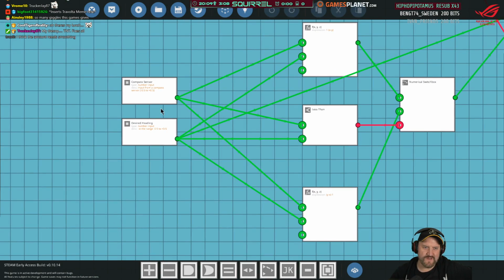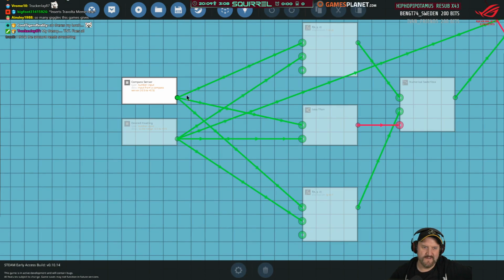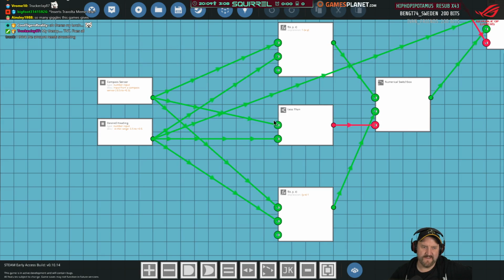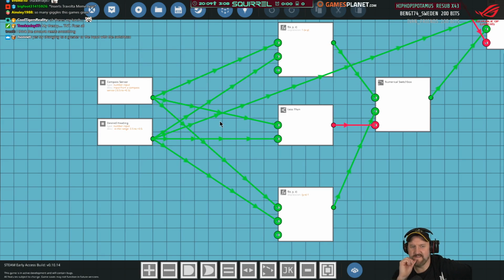So if you've got a range, saying here, your current heading is less than your desired heading. The problem with that is it breaks down when you start talking about south, doesn't it?